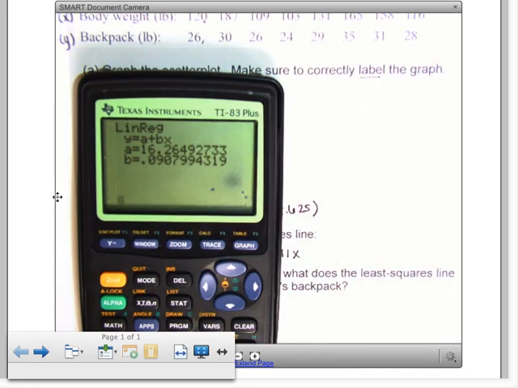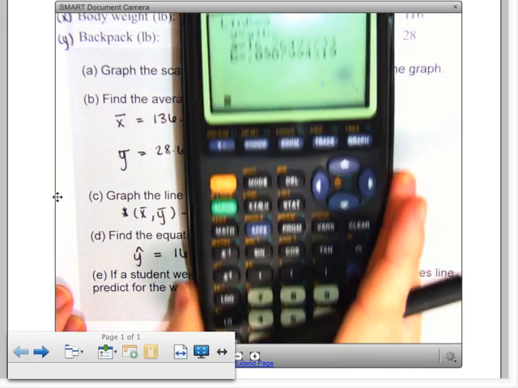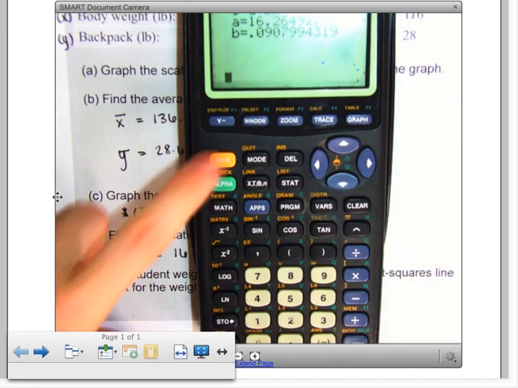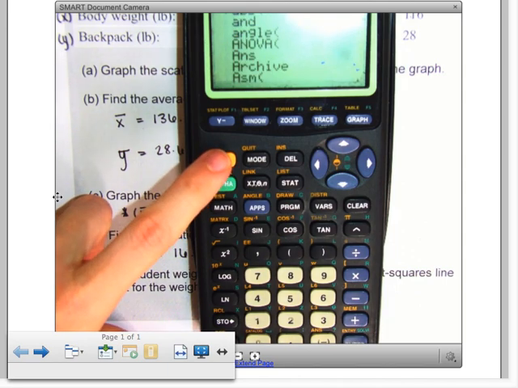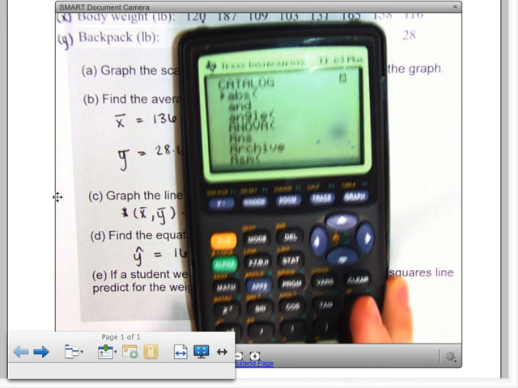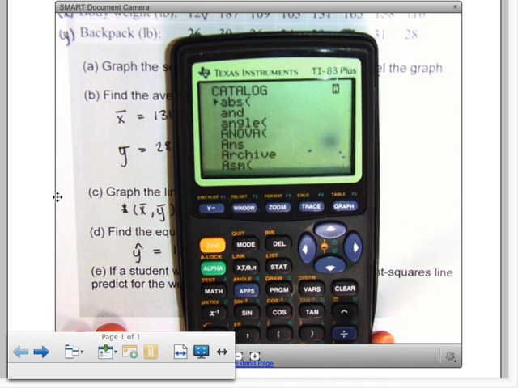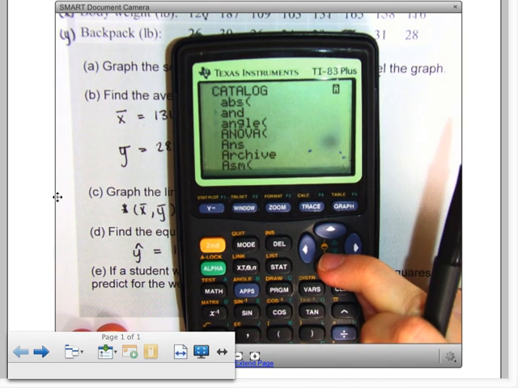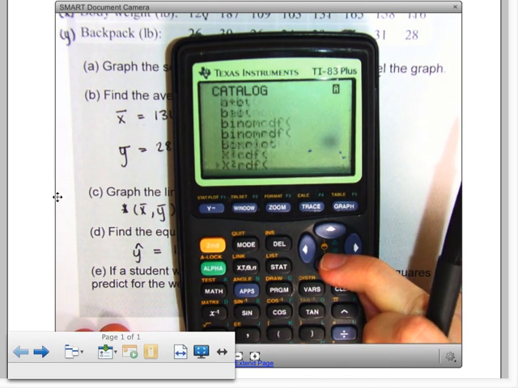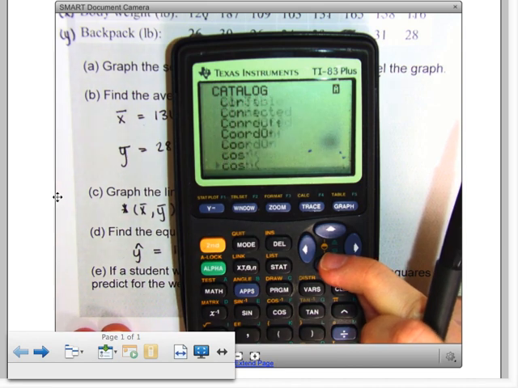Okay, so if it did not show up on your calculator, you're going to go to second, 0, and then you should be at catalog. Okay, remember we're going to scroll all the way down to DiagnosticOn, and it is in alphabetical order, so it'll take 1 second.